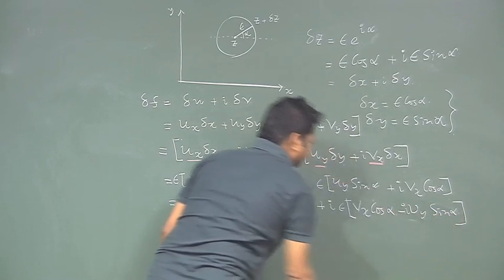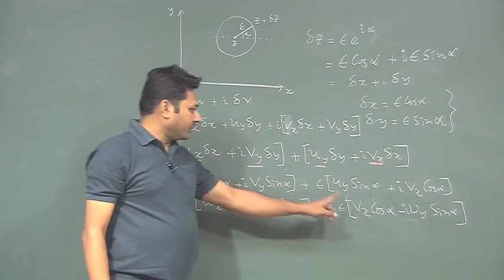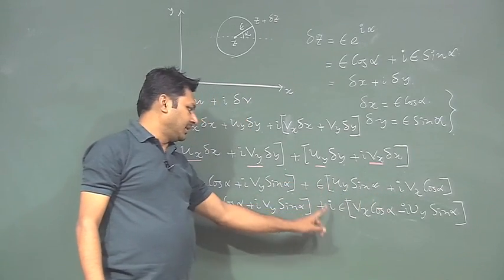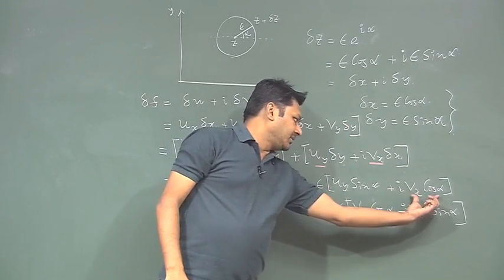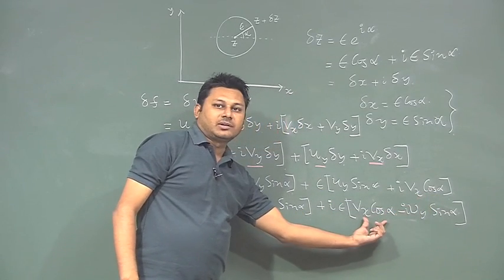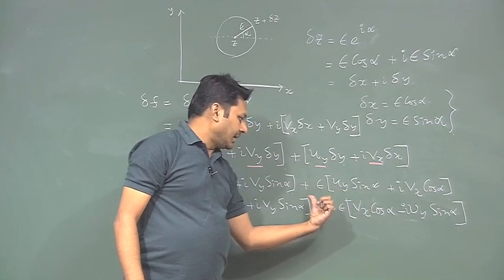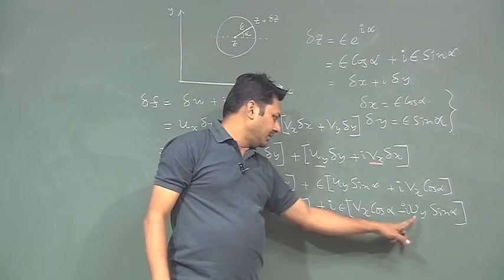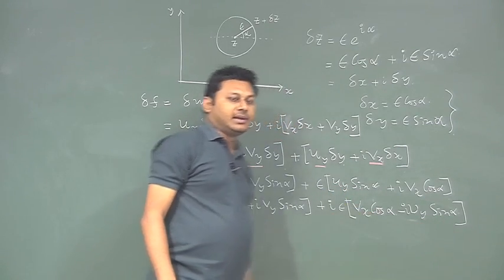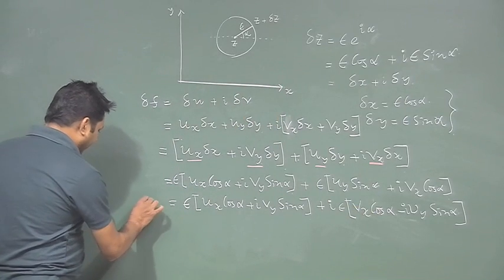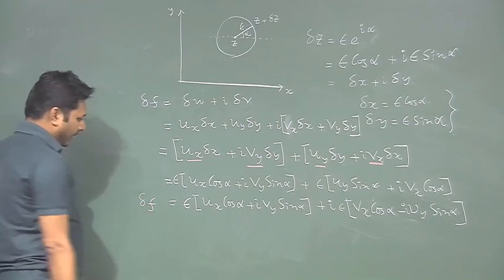I am taking i common from this side, so there will be no i with the term v_x cos alpha, and for u_y sin alpha I take one i outside, so minus i should be here. It is something like that. So, this quantity is my delta f.